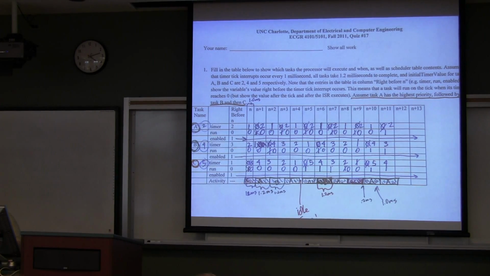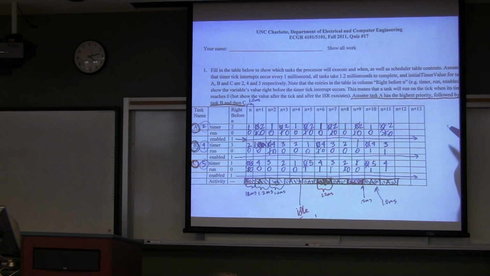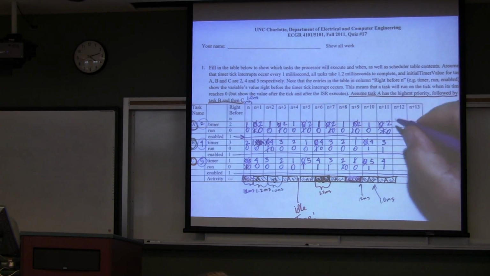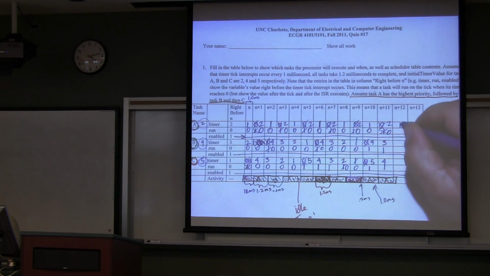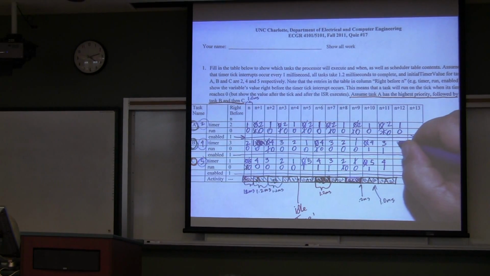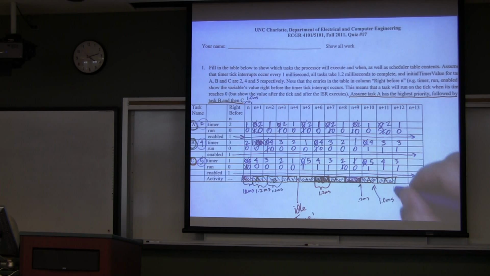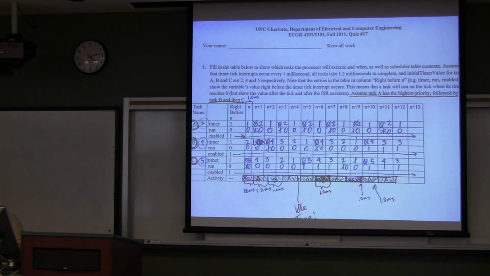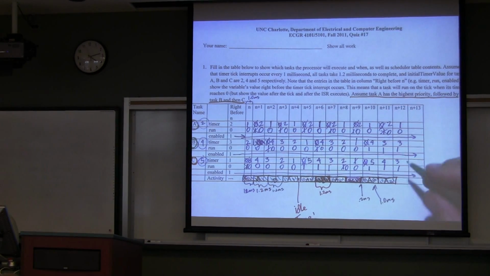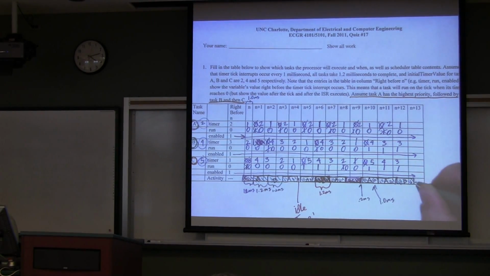And, oh, by the way, since we're running A, this goes to 0. Well, I might as well just finish this. 2 to 1. This is still at 0. 3 goes to 1. 4 goes to 3. Still 1. So at this time, B will run. B's timer, by the way, it's 2, not 3.